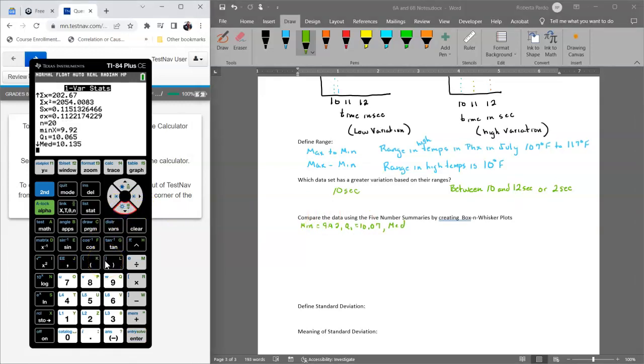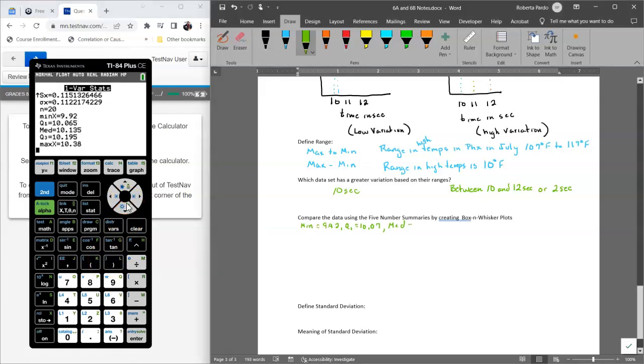And when I arrow down, I end up with the median of 10.14. I also have the third quartile, which is 10.2, and the maximum is 10.38. And again, these are all in seconds.